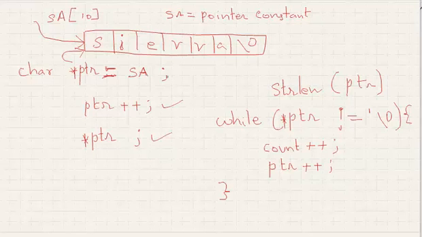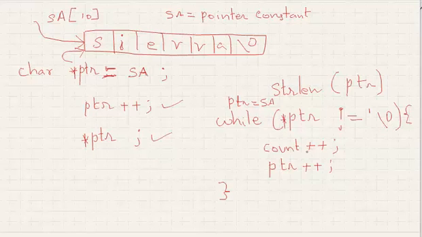So if I do these two statements, let's say pointer is pointing to the beginning. I go back and say pointer equal to SA and run this program. So I look at every cell. If the cell is not the null terminator, I increment my count by 1 and I increment my pointer. It goes to the next cell. Is it the null terminator?